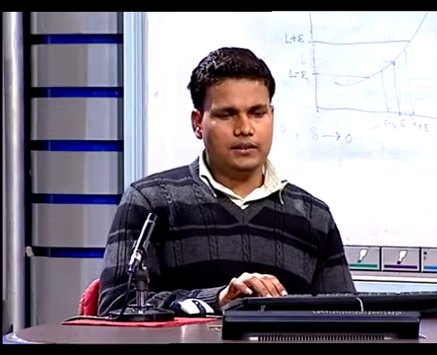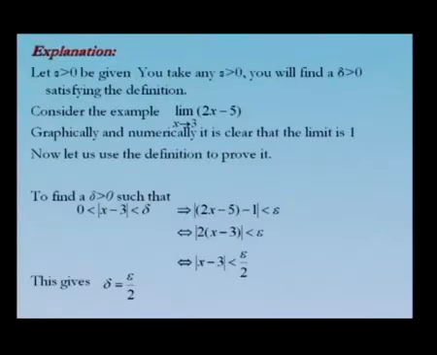Now let's take an example. Consider the limit x tends to 3 of 2x minus 5. Graphically and numerically it is clear that the limit is 1. We can see that if you just put x equal to 3, you get 1. Now let's use the definition to prove it. We need to find a delta greater than 0 such that 0 less than mod x minus 3 less than delta implies mod 2x minus 5 minus 1 less than epsilon.